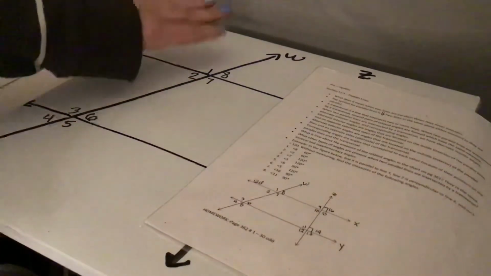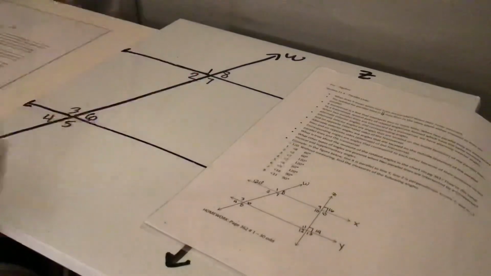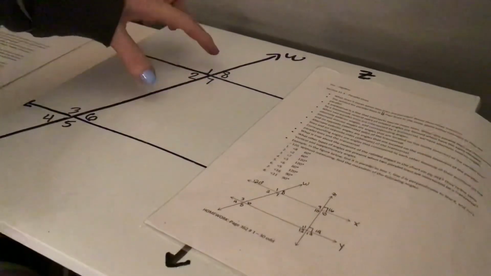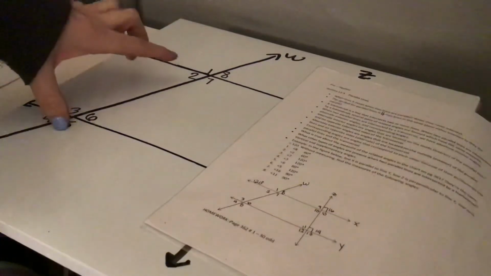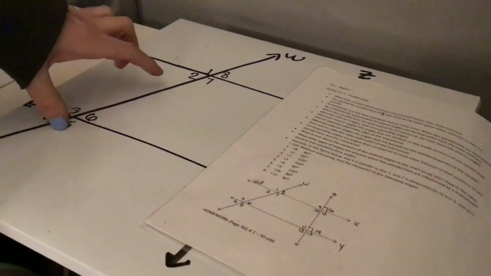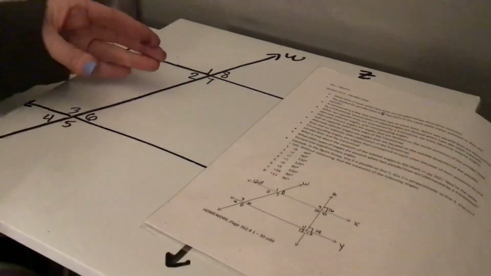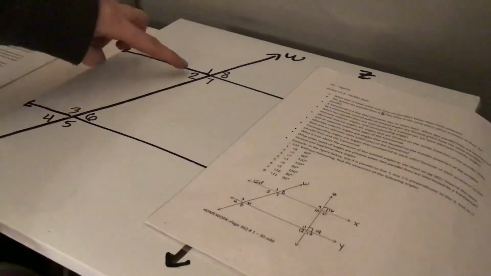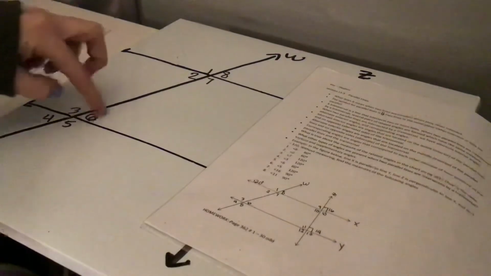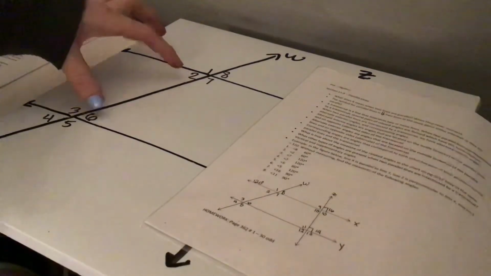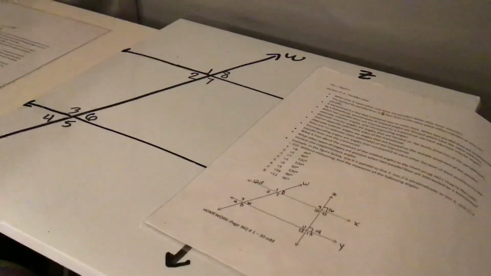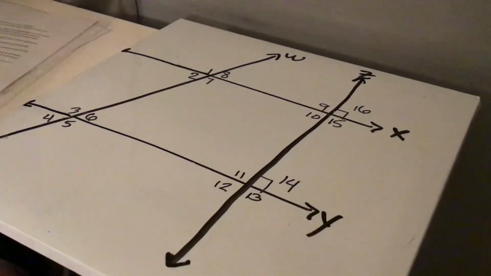Alternate, so meaning on this side and this side now, because this is our transversal. So like angle 1 and angle 5, they're on alternate sides of the transversal, but they are outside your parallel lines. So they're alternate exterior. Angle 2 and angle 6 will be alternate interior because they're on opposite sides of the transversal, but inside your parallel lines. Okay? That's kind of a visual of those definitions.